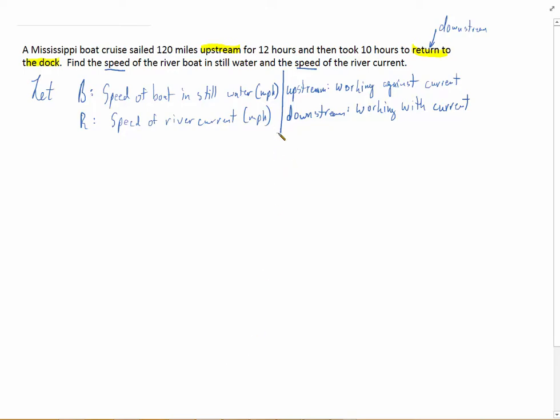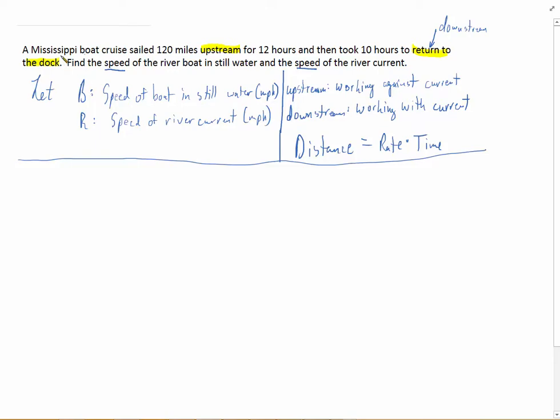We also know that distance is rate times time. So let's see if we can write a couple of equations using these ideas, using our variables and the information provided.